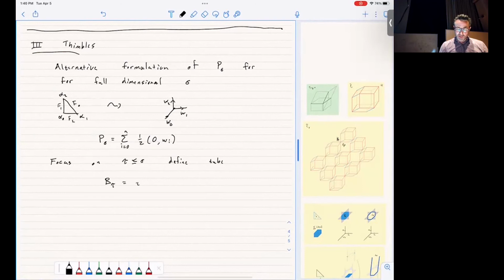This is going to be the dual strata corresponding to tau, and then we're going to cross this with the Minkowski sum of not all, but just those alpha i for which alpha i is a vertex of tau. And we'll take the closed.